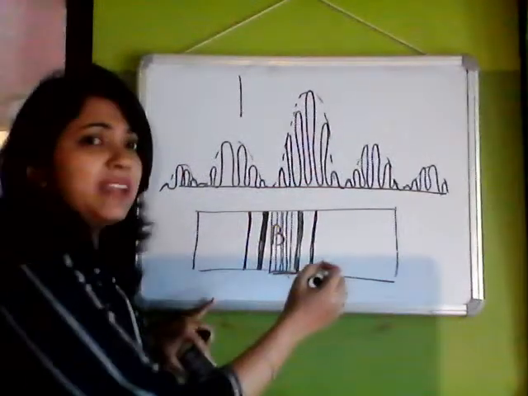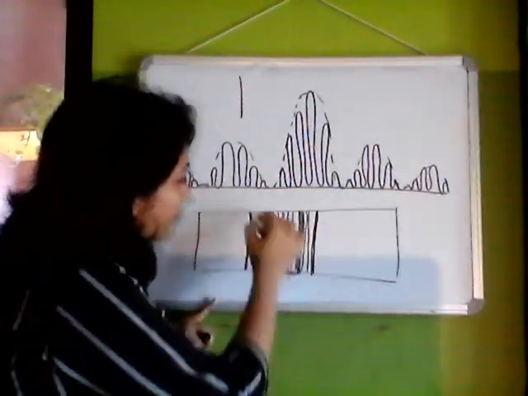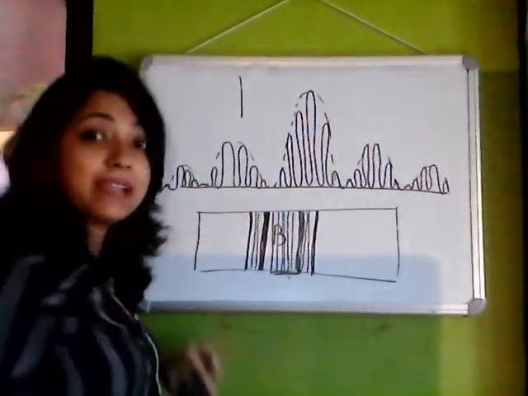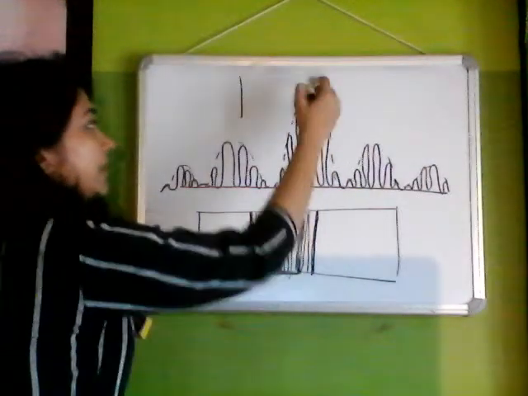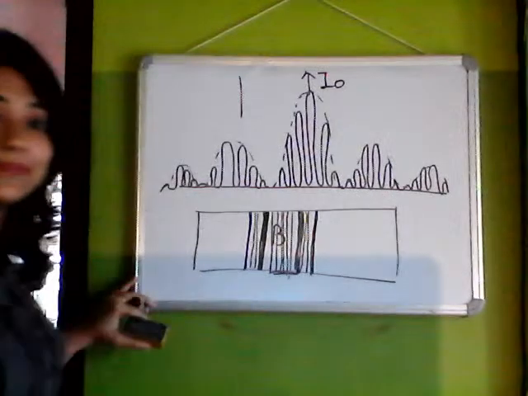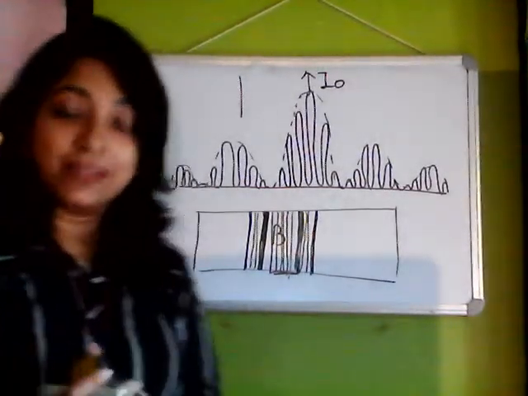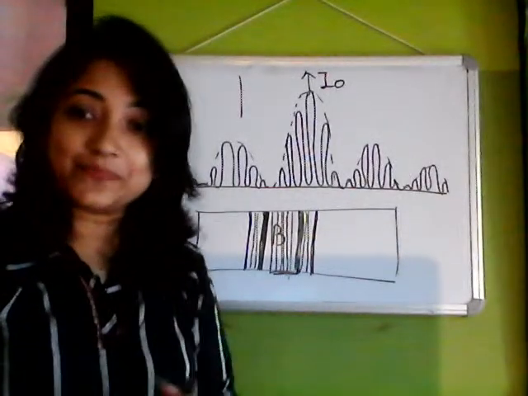All right. Similarly, in between here also, I would be getting a few more interference maxima and minima. And when I have plotted this, say these are the angular values and this is the intensity, I can plot it in this manner. So this is what happens when we do the experiment with double slits.